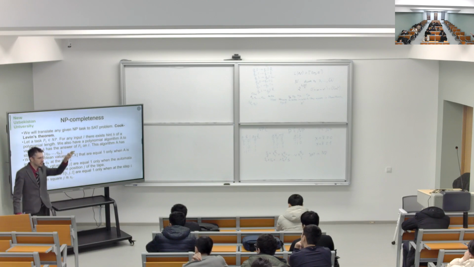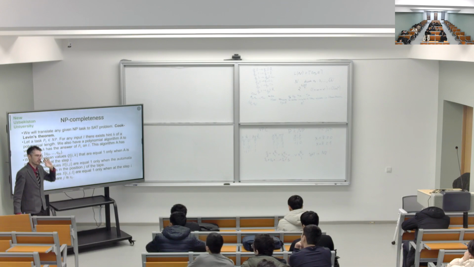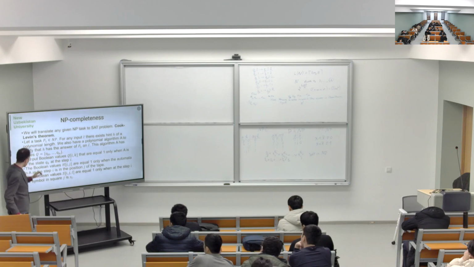It reaches the final state and says 1, so it says yes, then the hint is true, and our satisfiability also solves this problem. It solves that the hint is true. So what do we do? Okay.